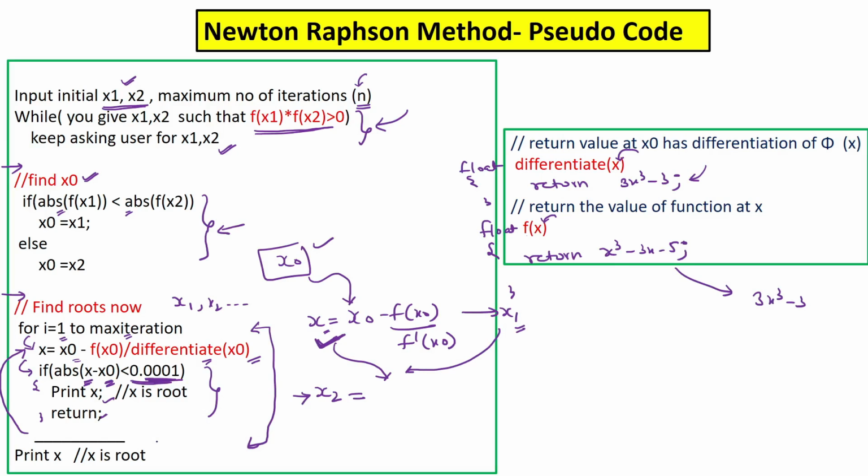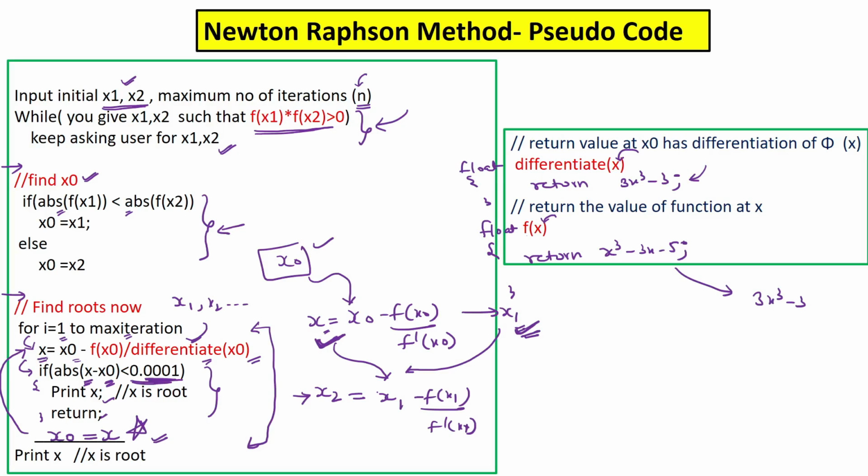Here, inside x0, we need this corresponding x. So we should write x0 equals x, so that the current x goes inside x0, and this x0 can be used in this formula. That's why this line is very important.